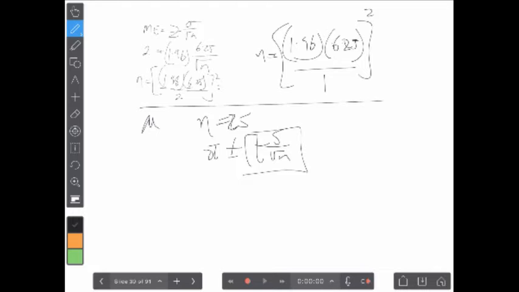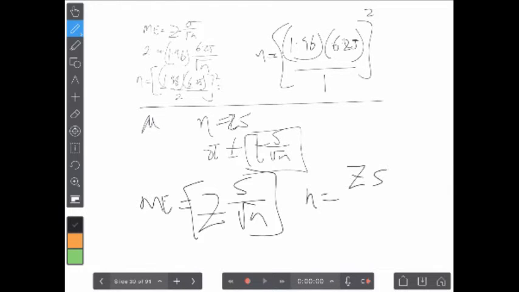So in that case, we just replace the margin of error with z times s over the square root of n, and then we can compute n is equal to (z s over E) all squared. Okay? And so always remember that. Even if you start off with a small sample problem, and now we ask you to calculate the sample size for a given margin of error, you need to use z and not the t. Okay? Good.